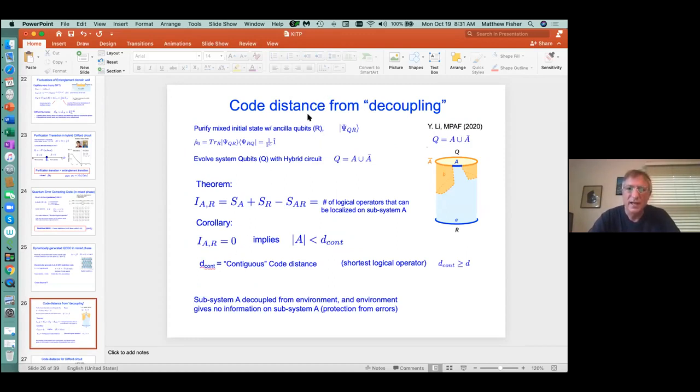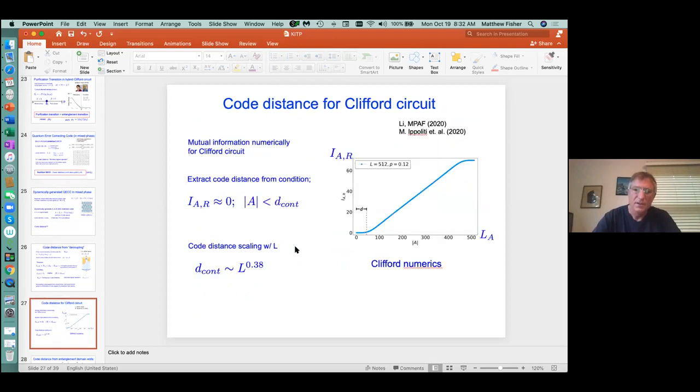It turns out one can argue that the code distance can be extracted by looking at the purified initial state with a bunch of ancillas and looking at when the mutual information between some subregion A and the ancillas vanishes. And so here's the way that you can get the code distance for the Clifford circuit by computing the mutual information, and one finds a code distance which scales with L to this same power.